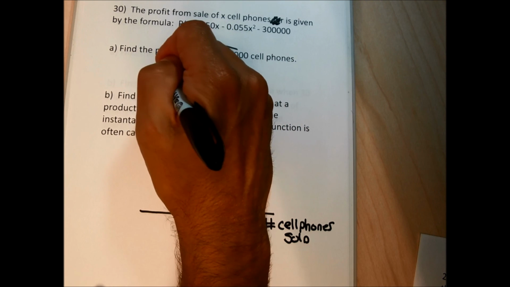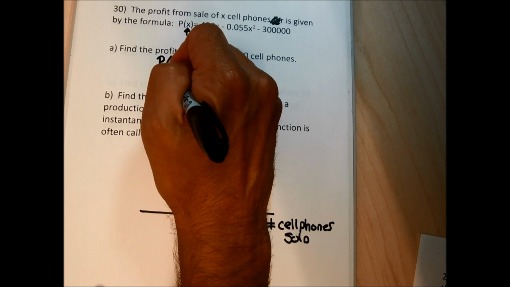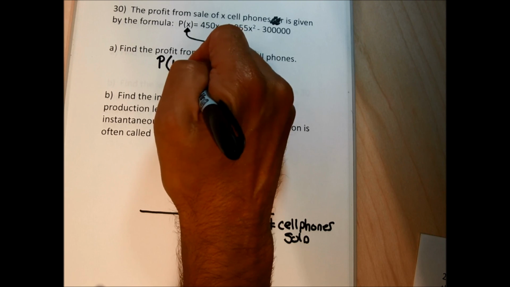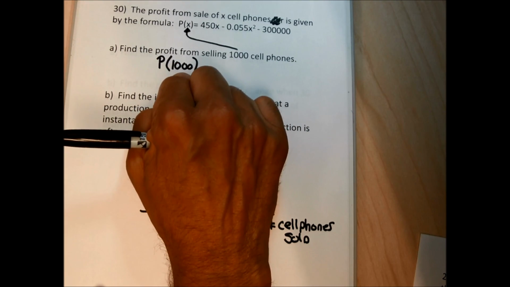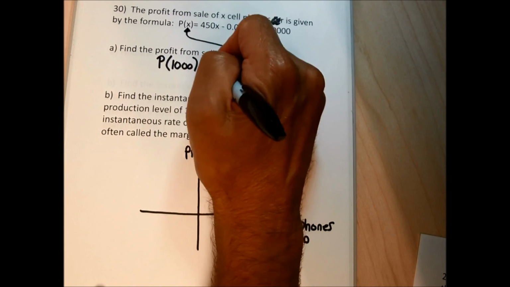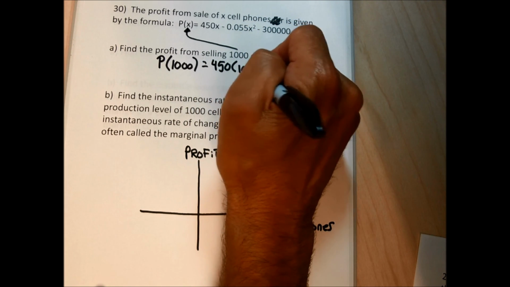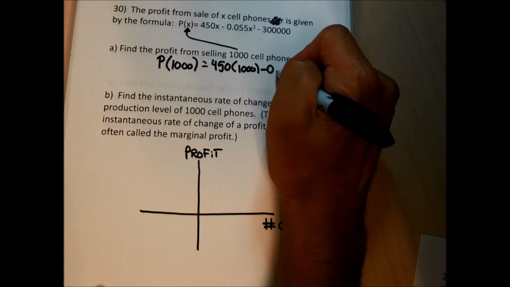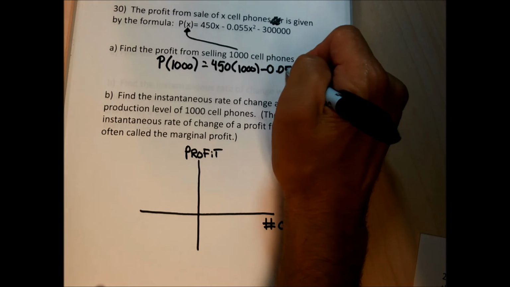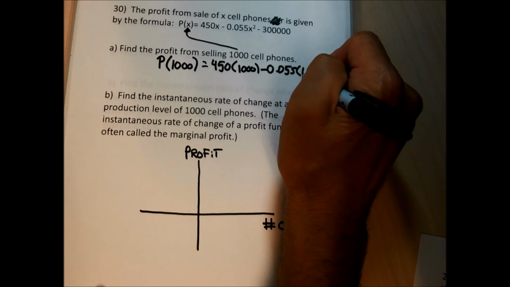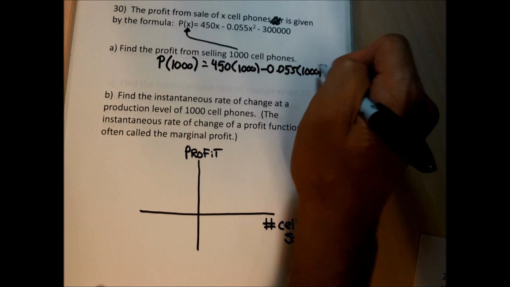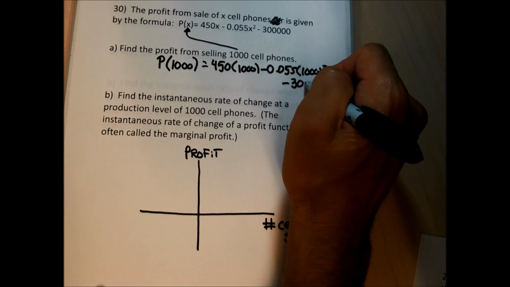When I do P and then put 1,000 in the parentheses, I read this as the profit from selling 1,000 cell phones equals 450 times 1,000 minus 0.055 times 1,000 squared minus 300,000.